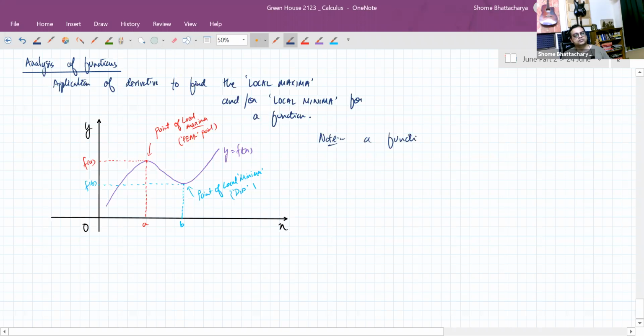So a function can have any number of points, including none.